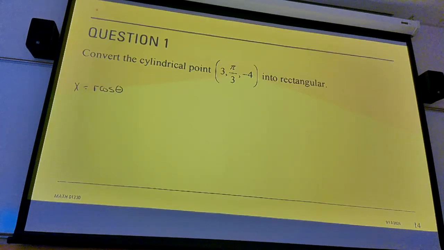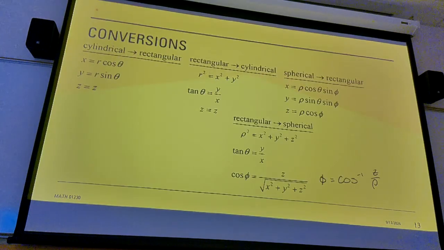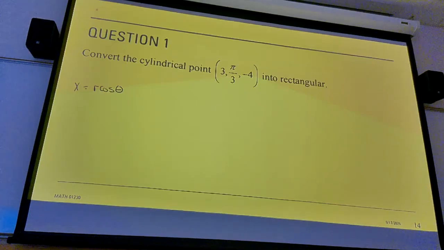What's r? What's theta? What is cosine of pi over 3? There's your x coordinate.